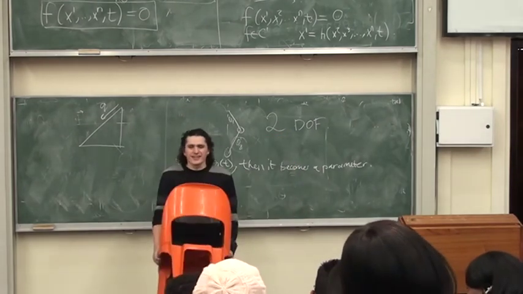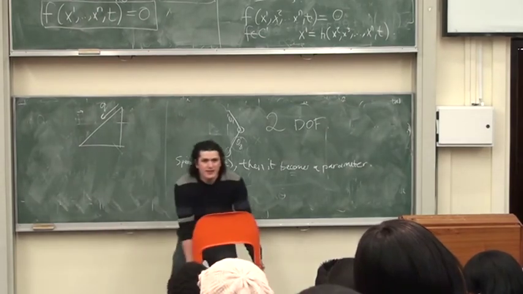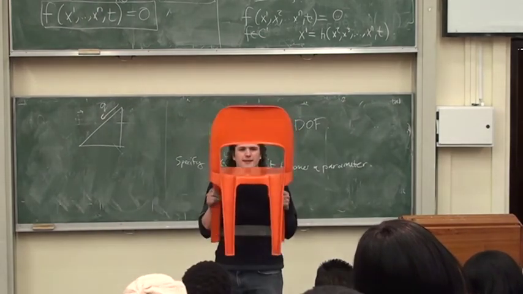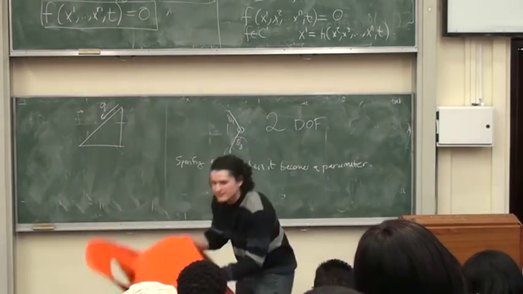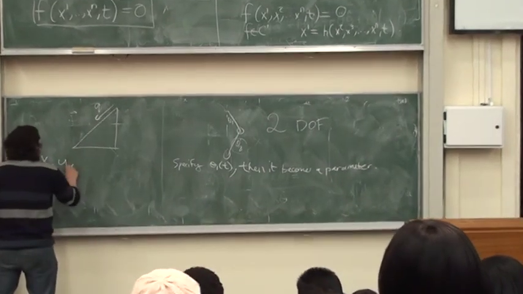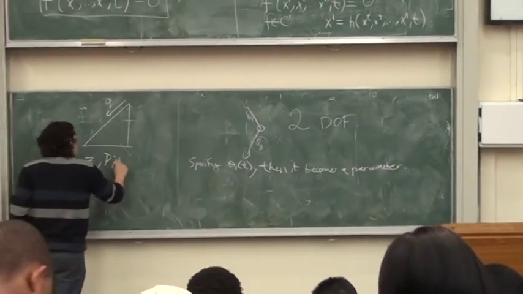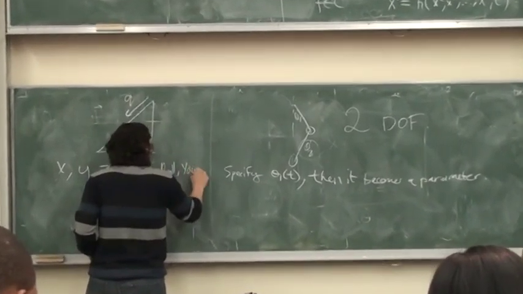These are called Euler angles, right? And they specify the orientation of a rigid body. So I go x, y, z, pitch, roll, yaw. Any rigid body has x, y, z, pitch, roll, yaw.